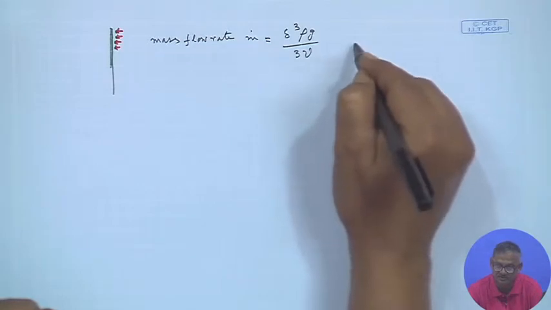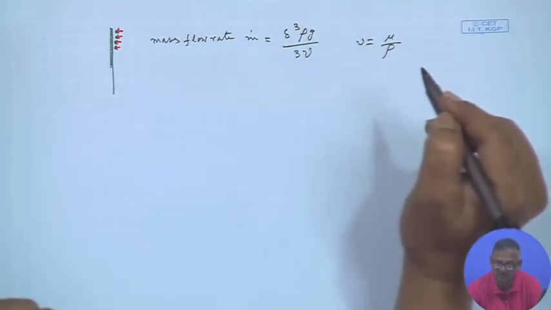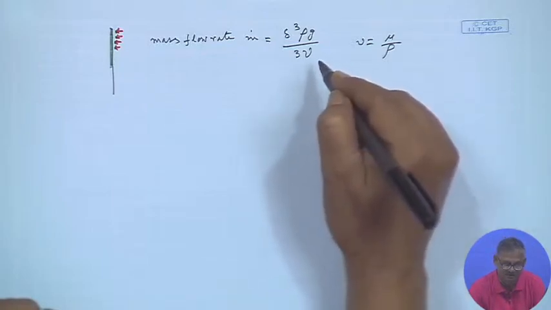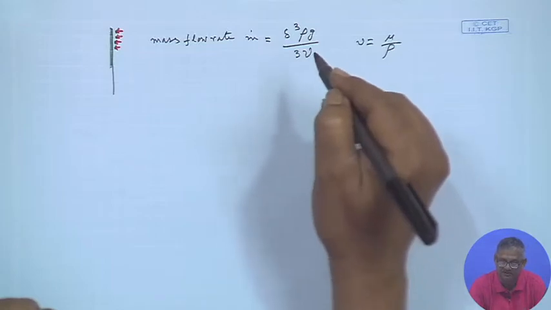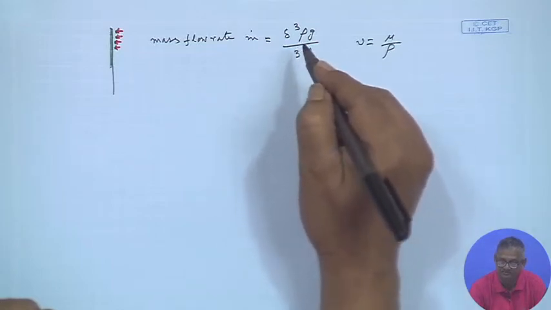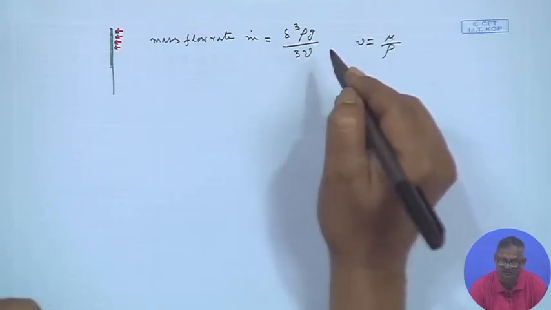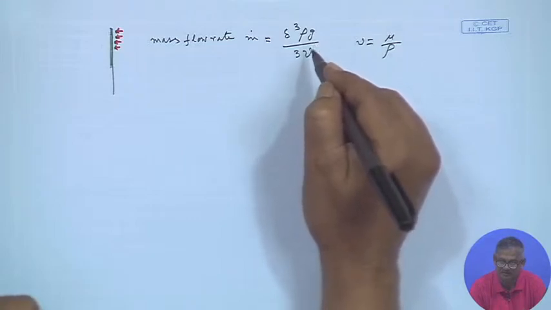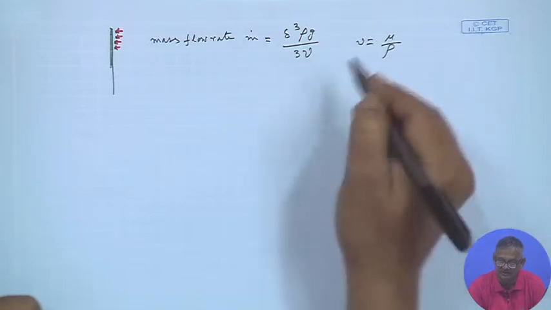So, this nu is equal to mu by rho, because whatever we developed earlier was like that.